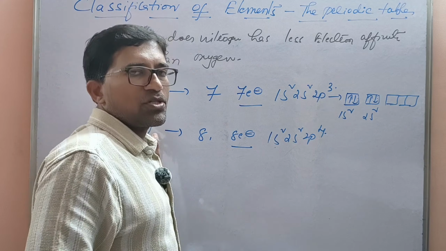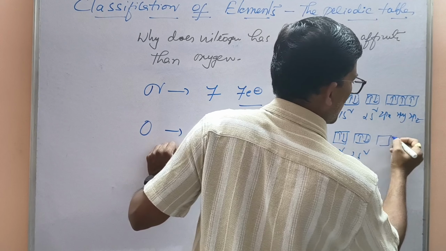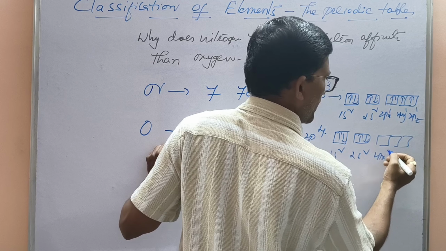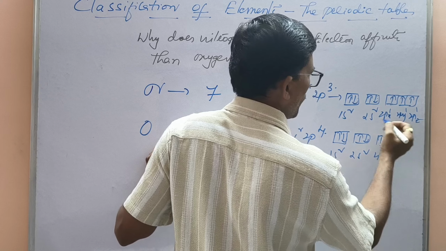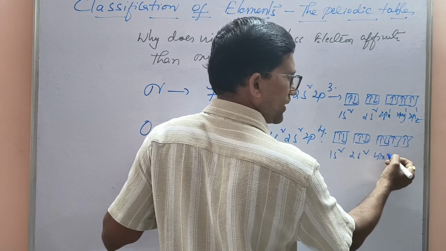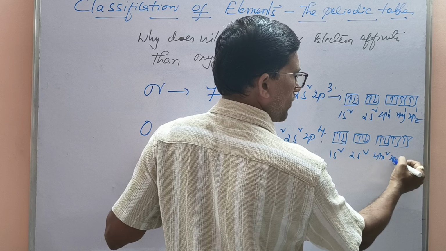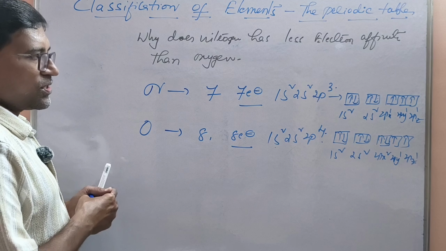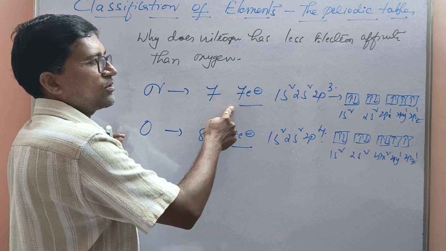So 3 electrons are there, one in each, stable. And the orbital level configuration for oxygen is 1s2, 2 electrons, and 2s2, 2 electrons, and 2p, with 2px1, 2py1, 2pz1, so 3 electrons, and 4 electrons in total means 1 more electron fills here: 2px2, 2py1, 2pz1.